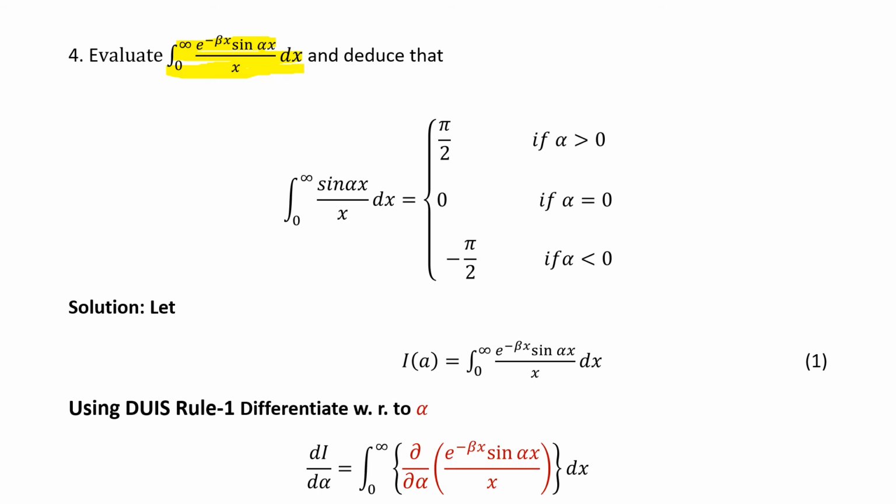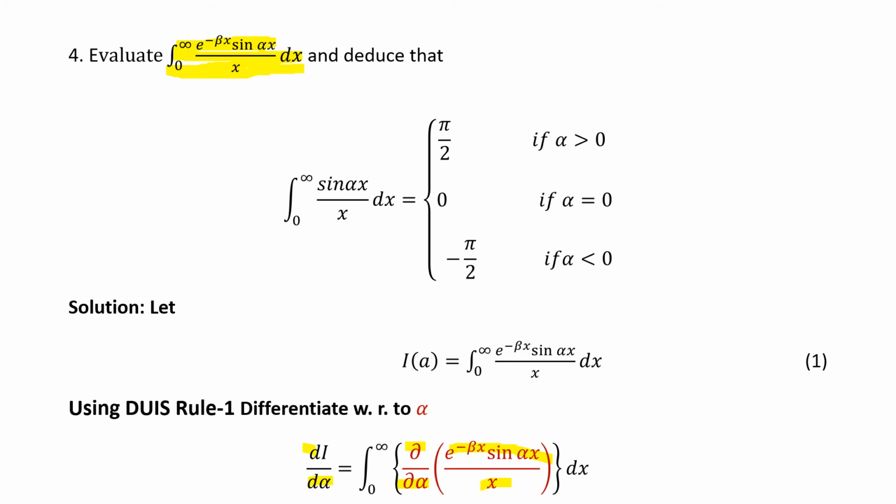So dI by d alpha is equal to, so now this d by d alpha goes inside the curly bracket under the integral as del by del alpha. So del by del alpha of the whole function, whole curly bracket close dx. Okay, now with respect to alpha, if we are differentiating, we have to keep x as a constant.